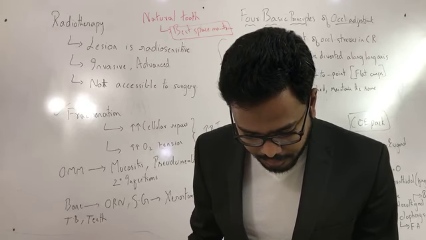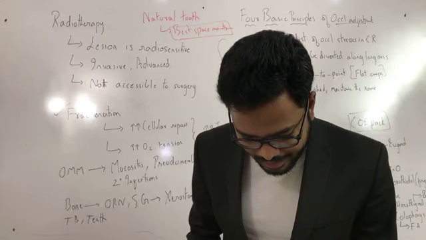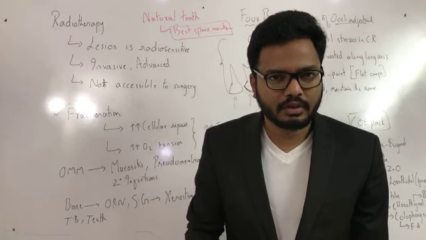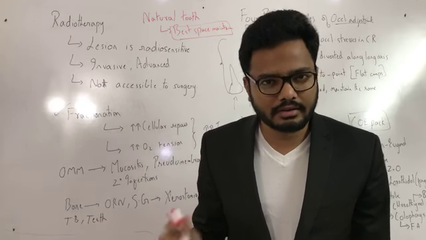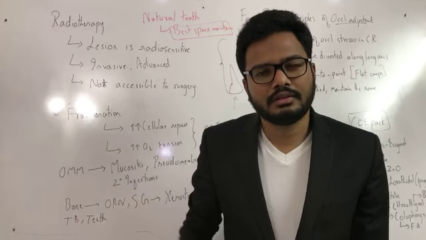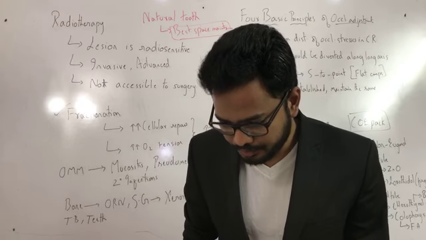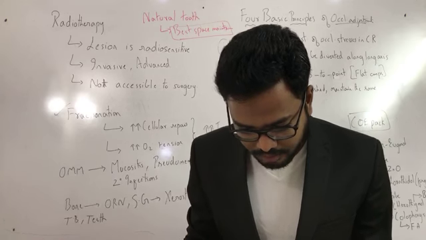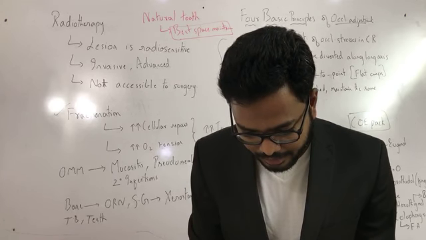So perforation of the floor of the pulp into the furcation and radiographic indication of external resorption is also a contraindication for pulpectomy, right? So once you understand indications, obviously you can make out the contraindications also. So these are some of the indications and contraindications. Just keep them in mind and make a note of them as well, right?